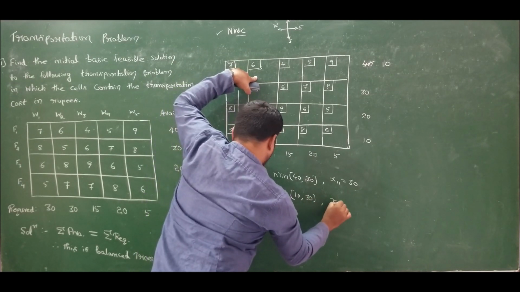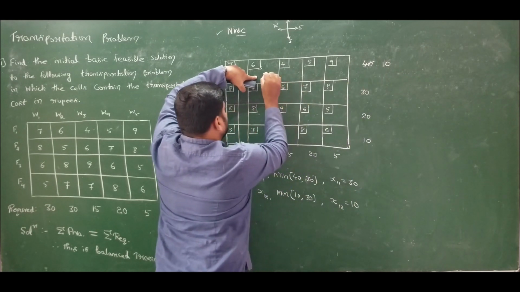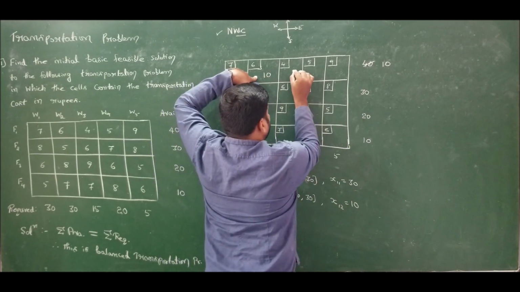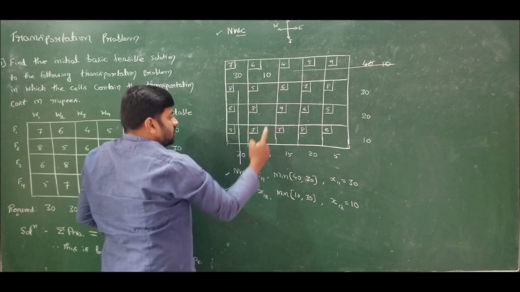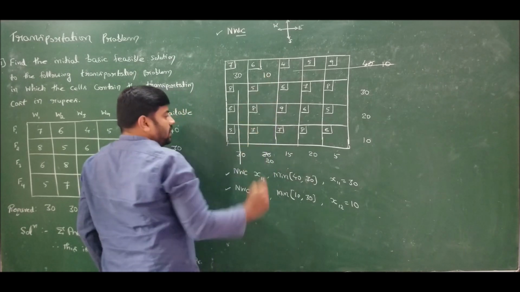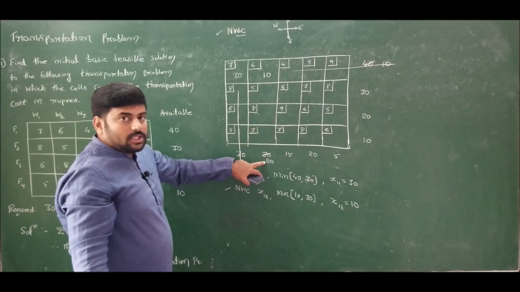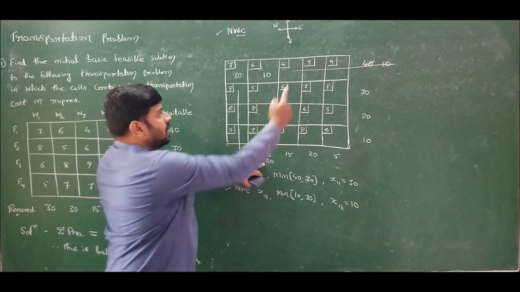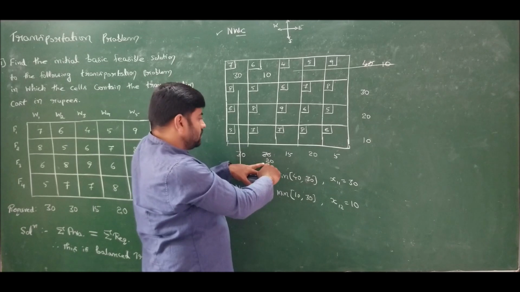If I allocate to x12, the minimum is 10, so allocate 10. Since I have allocated, nothing is remaining in supply. The demand remaining is now 20. Be careful, you should not skip this. Already 10 has been allocated, so now the requirement will become only 20.